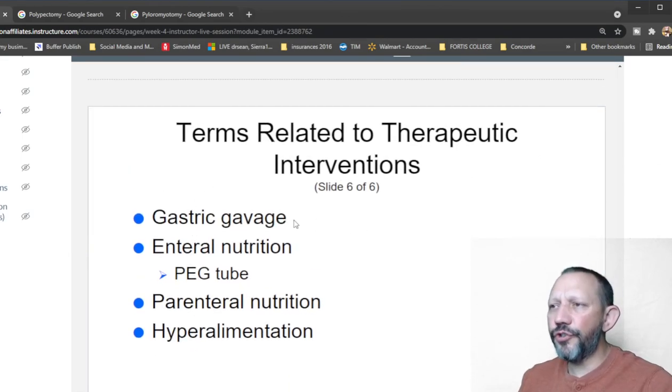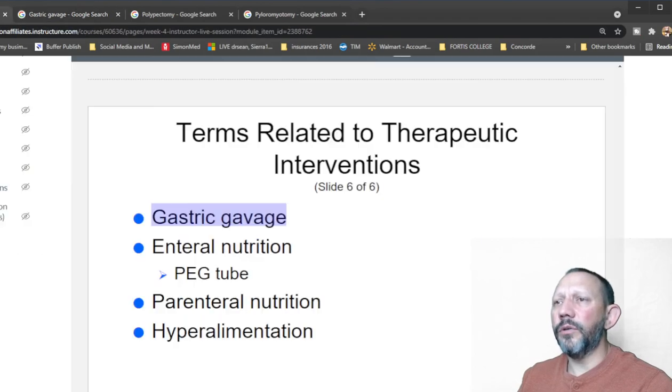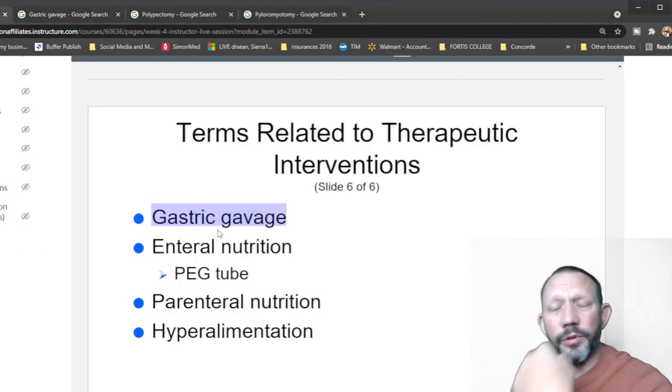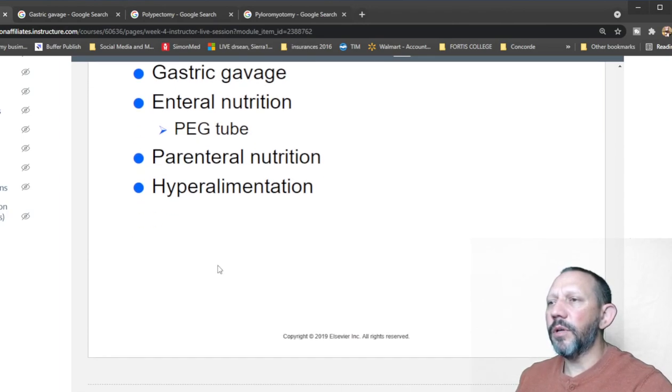Gastric lavage, gastric gavage. What's gastric gavage? I'm gonna look that up. Hang on a second. I think it's lavage. Oh, okay. So gavage has to do with the tube. Okay. Stomach tube, internal nutrition, PEG tube, parenteral nutrition, hyperalimentation.